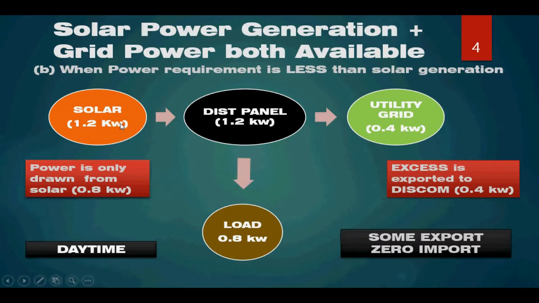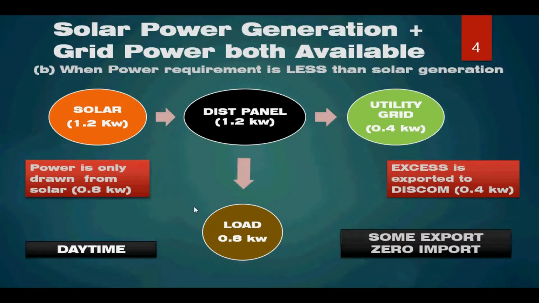So what will happen, from 1.2, your 0.8 will be drawn by your housing load, and the remaining 0.4 kilowatt, that is 1.2 minus 0.8, will go to the utility grid. That is the excess power generation by your solar plant. So that will be exported to the discom or Torrent Power, GEB, DGVCL, whatever you have.